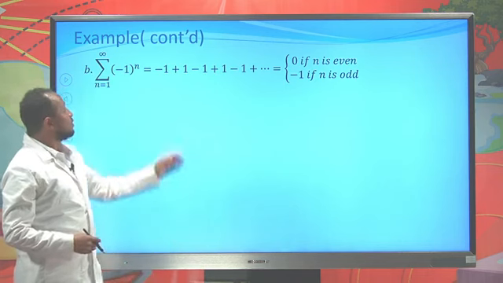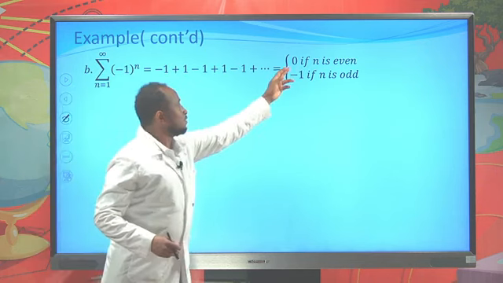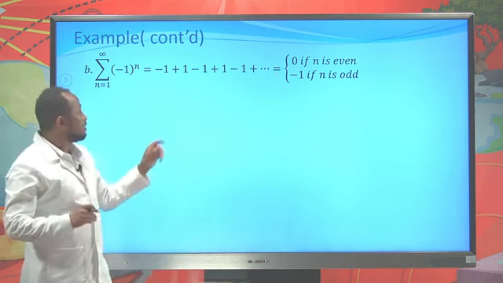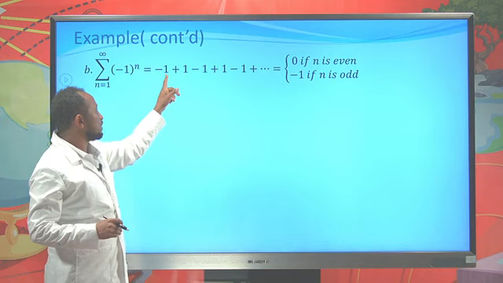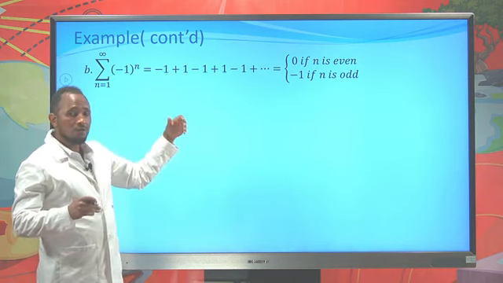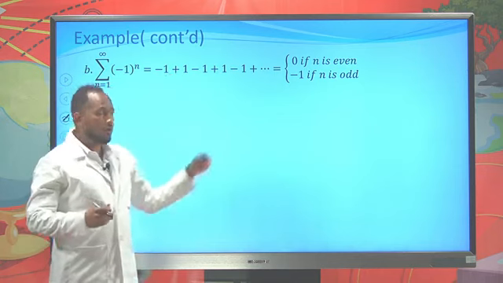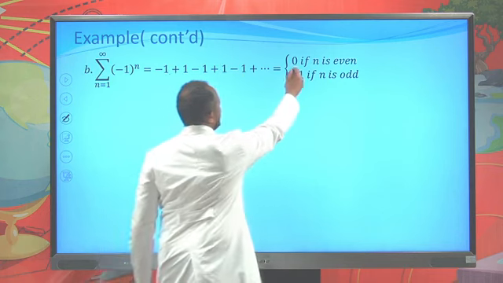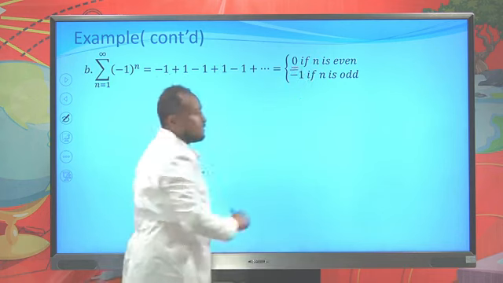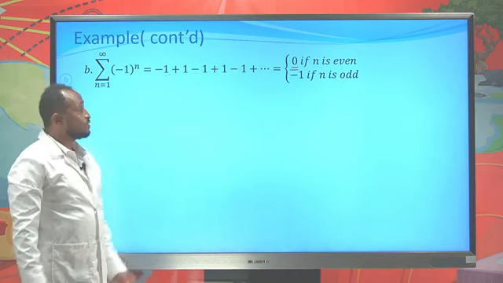So when you add this, you get 0 if the number of terms is even. For example, if the terms are 2, they cancel out and the answer will be 0. If you take 4 terms, these two cancel, these two cancel, and so on. So this sum is 0 when n is even, and minus 1 when n is odd.